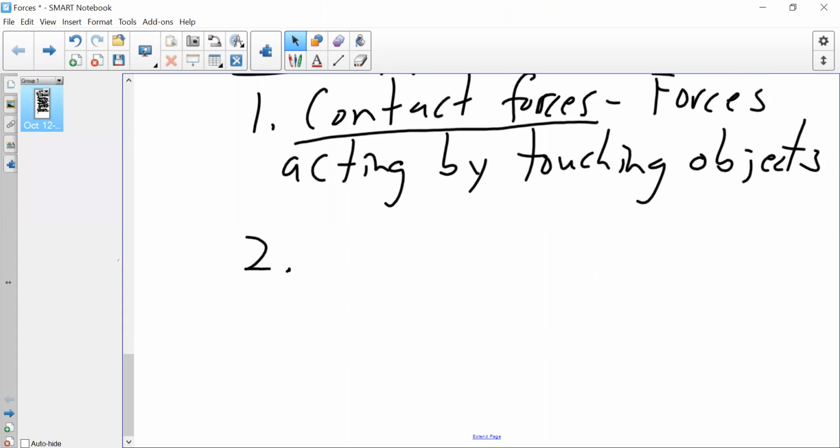The gravitational force, the electromagnetic force, those are field forces. They don't require any touching. So you have an object in space and let it go, it's going to be acted on by the gravitational force and under the acceleration due to gravity, but the force that's causing it to fall is the gravitational force, and that is acting through a field. It doesn't require touching.